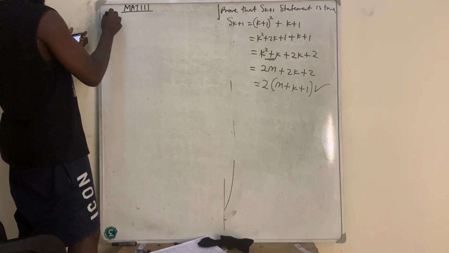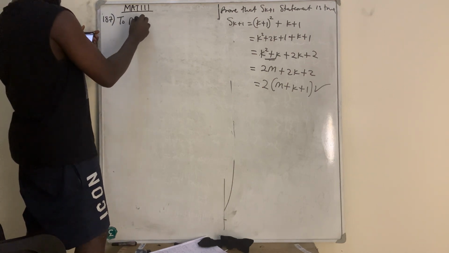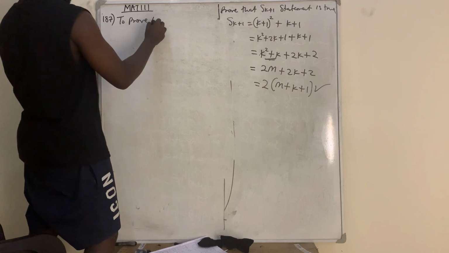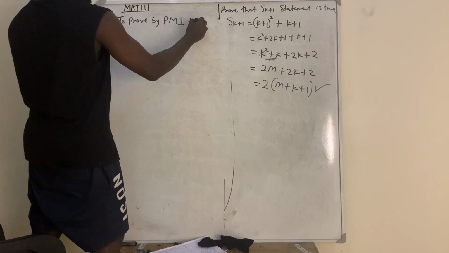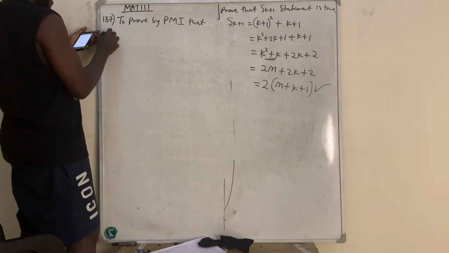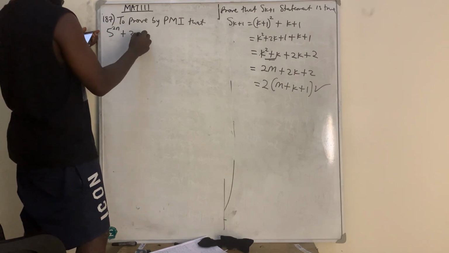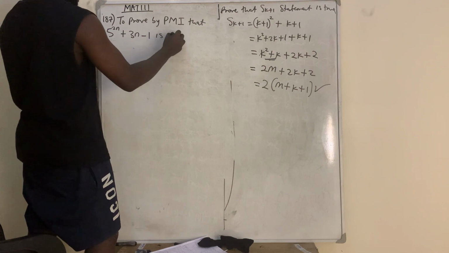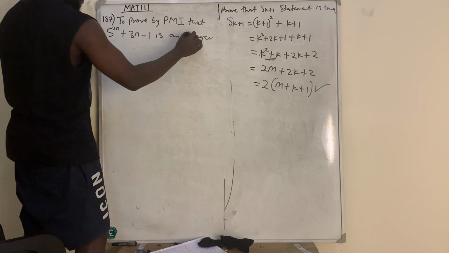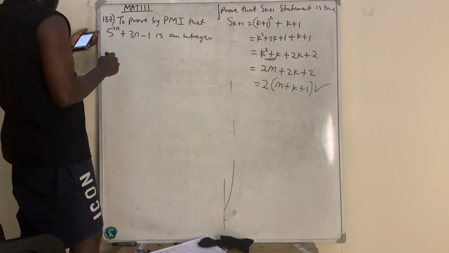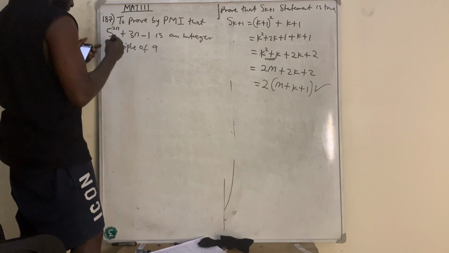Question number 187 says to prove by the principle of mathematical induction that 5 raised to power 2n plus 3n minus 1 is an integer multiple of 9.